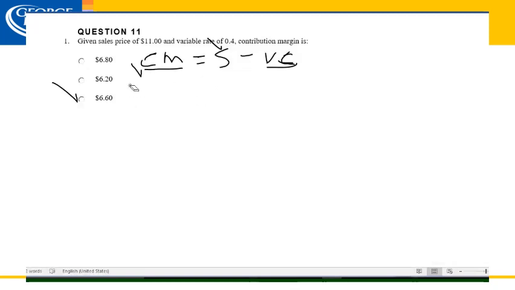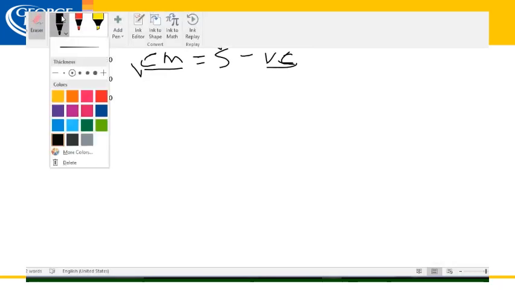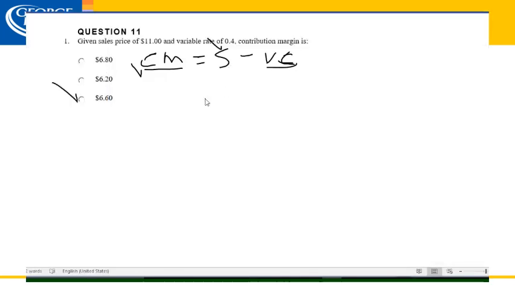Okay, so again, going back to the contribution margin formula, our contribution margin equals our sales minus our variable costs. Now, our contribution margin is also equal to our sales multiplied by our contribution rate, because our contribution rate is our contribution margin as a percentage of sales.